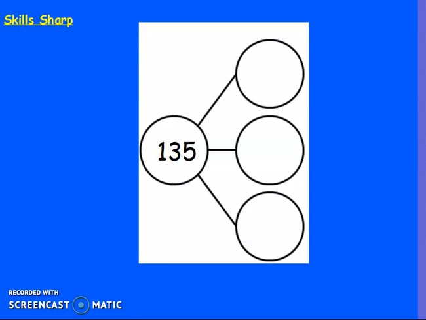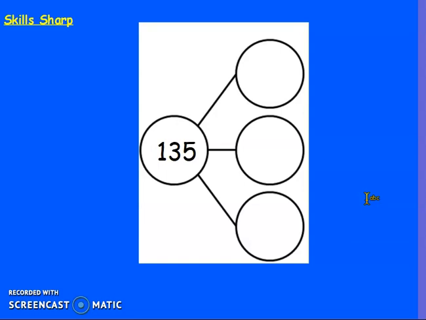Have a go at writing this one in your maths book and we'll go through it together. So draw the circles neatly and join them up using a pencil and a ruler with the lines. This time we've got a 3-digit number that has been partitioned into 3 parts. How could we partition 135?